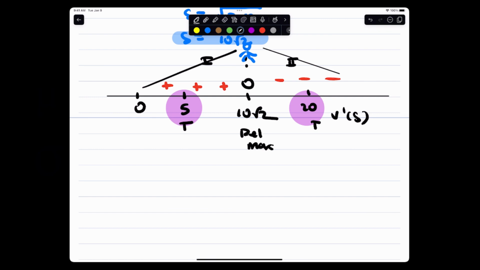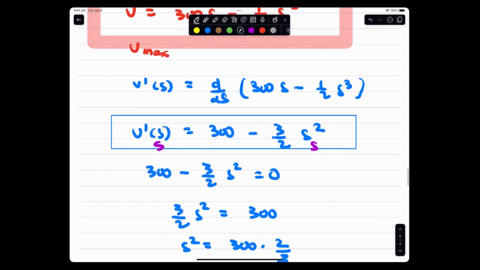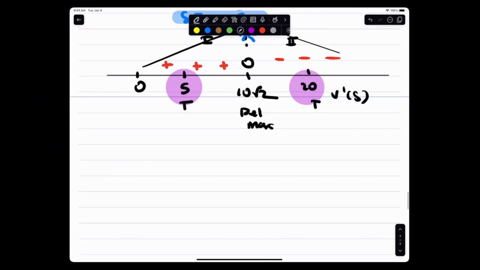Okay. So relative max for what function? For V. So V max is f, or whatever that was, of what? 10 square root of 2.